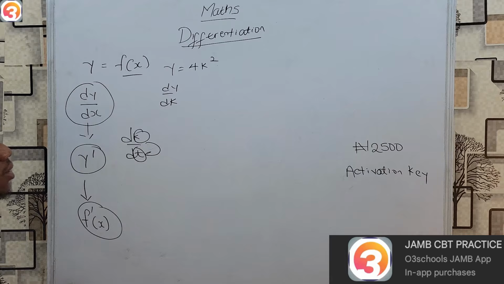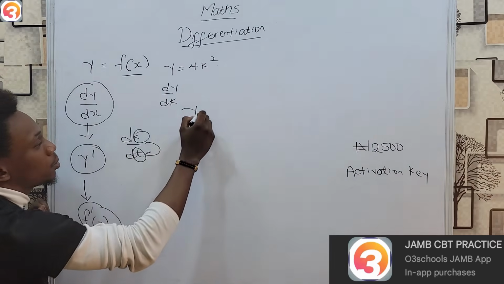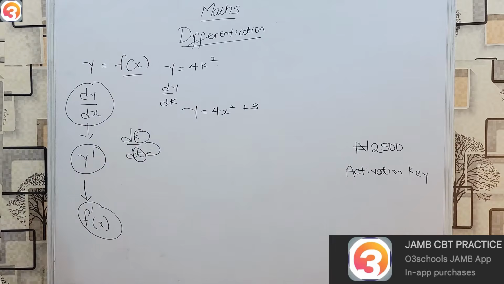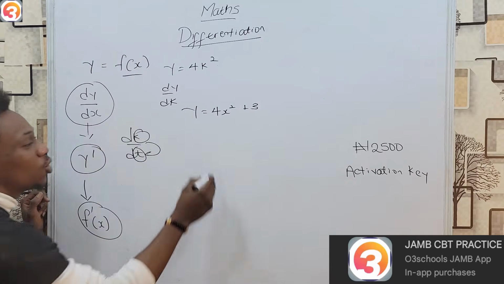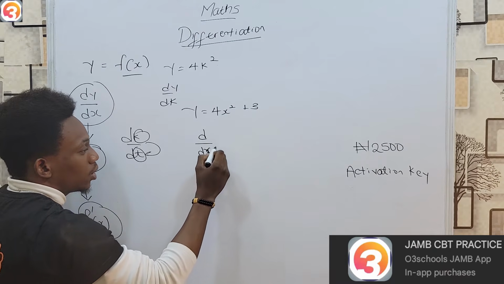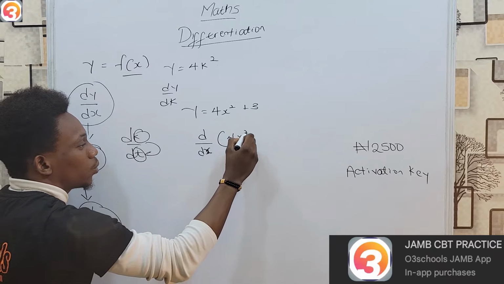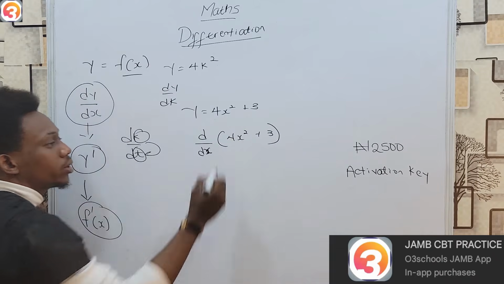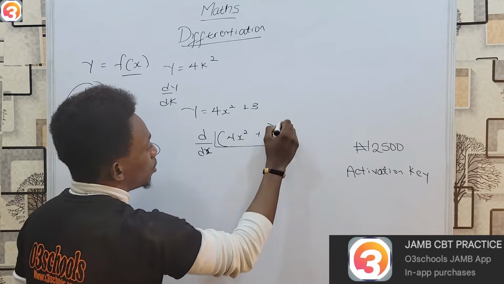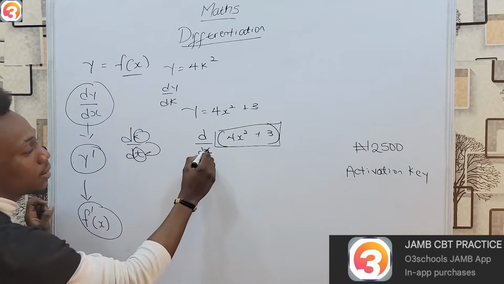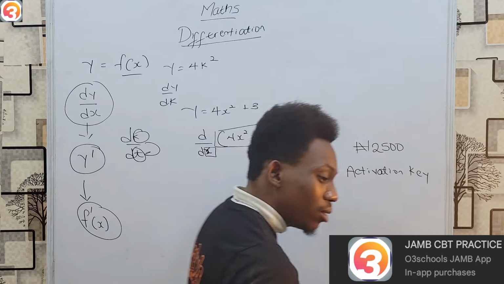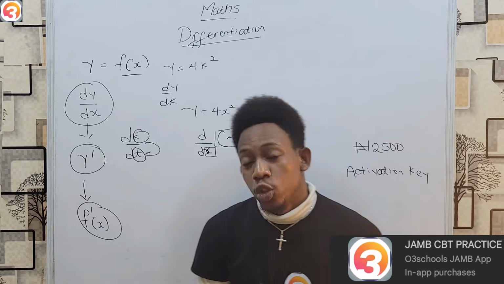In some cases, let's say y equals 4x squared plus 3, at times, instead of telling you to find dy dx, they'll say find d dx of 4x squared plus 3. This means find the derivative of everything in this bracket with respect to x. So however it is written, the method of solving doesn't change.